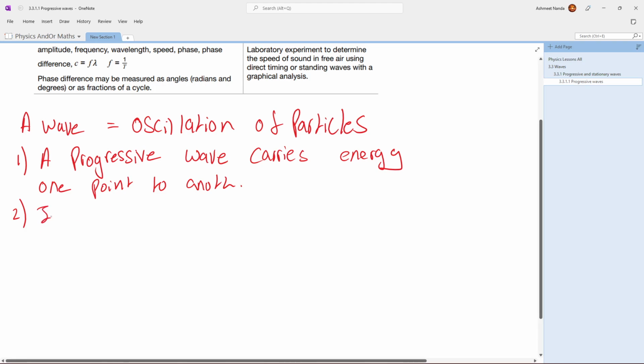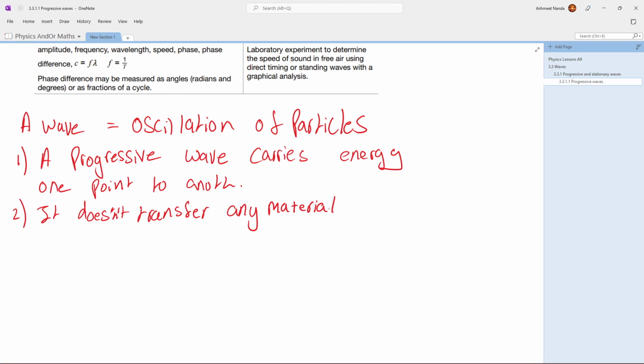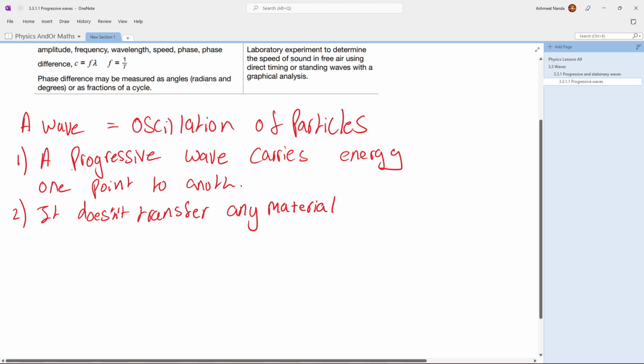But it doesn't transfer any material. Again, you're charging your phone, you're just taking the energy from the source and giving it to your phone. No material transfer, just energy. Or electricity, but electricity is also just energy.